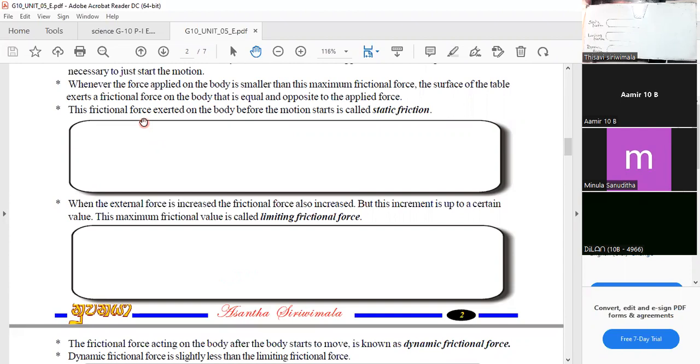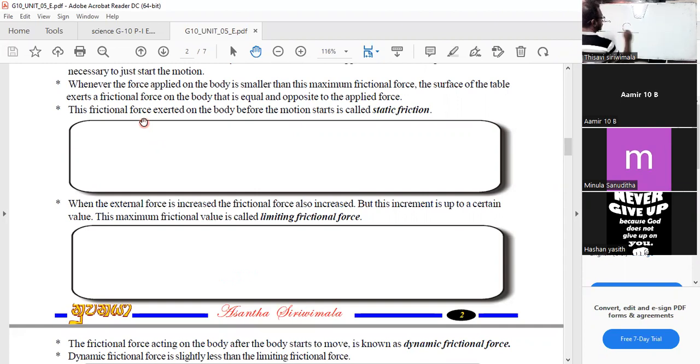So I'm going to draw several diagrams to explain it. Just like in the lesson number 4. I'm applying 5 newtons of force. Friction again becomes 5. Not moving. 10 newtons, 10 newtons.